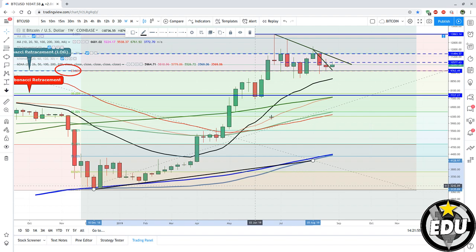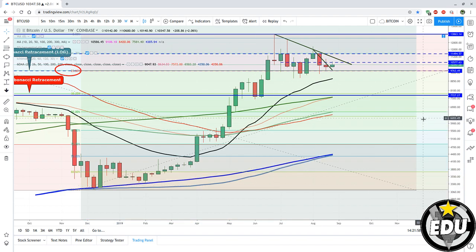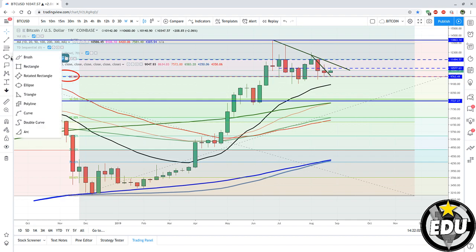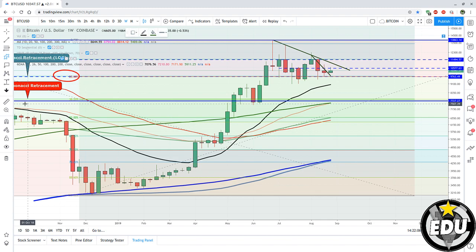The uptrend is still intact, so the market structure is still making higher highs and higher lows. If I trace the structure, just connecting the highs and the lows, we have a perfect Elliott wave.